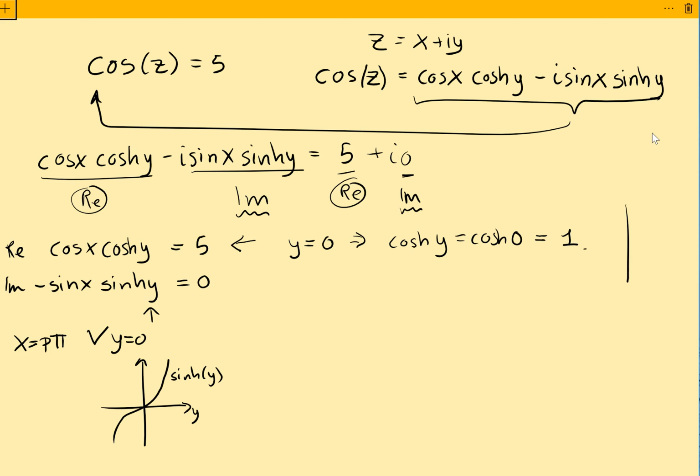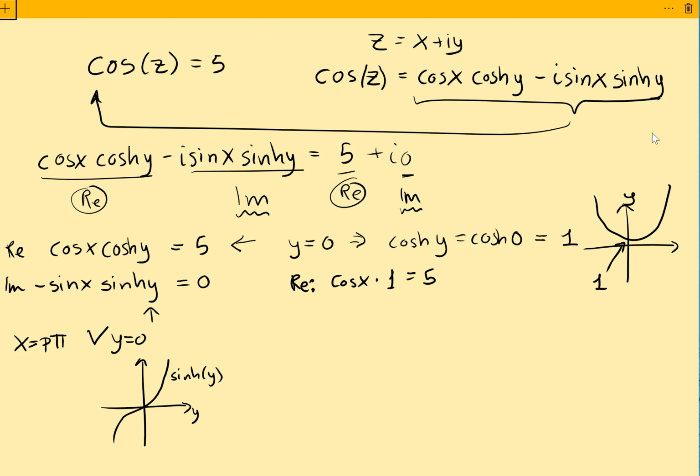Since we know that cosine hyperbolic function looks something like this. It's not a parabola, but it kind of looks like a parabola, and it intersects the y-axis here at 1. Now, if that's the case, then our real equation here becomes cosine of x times 1 equals 5.